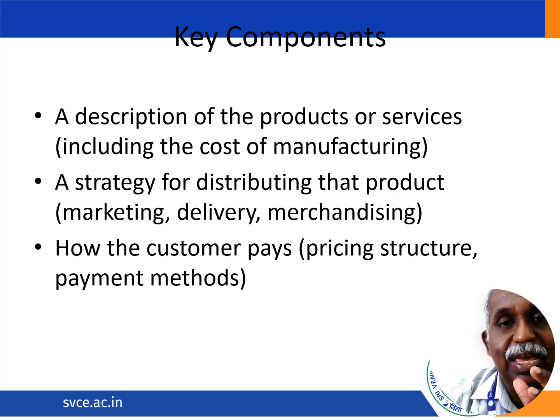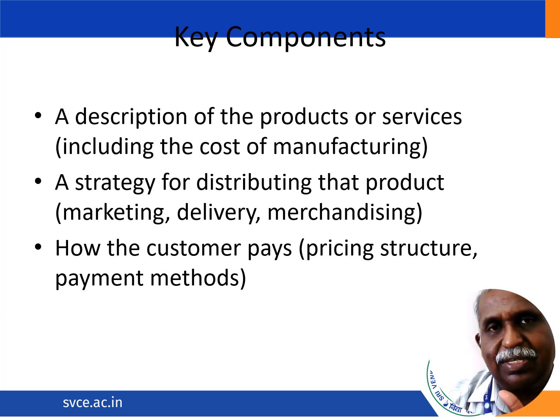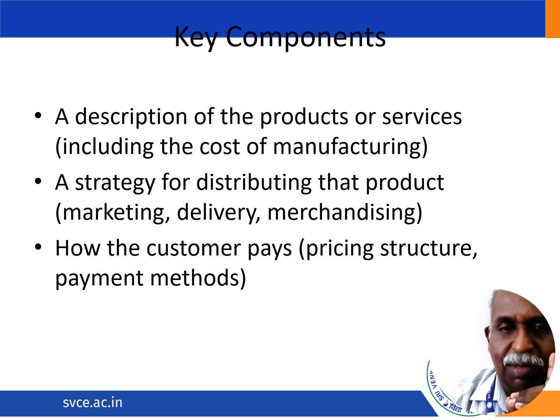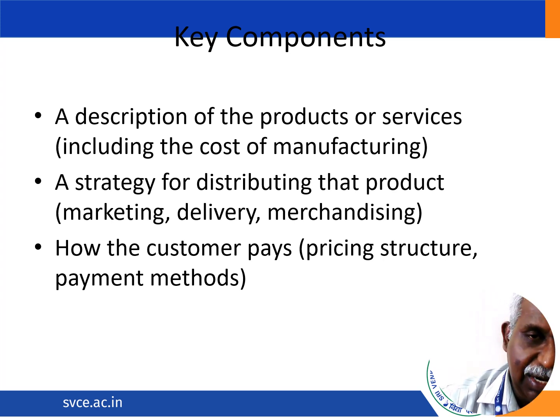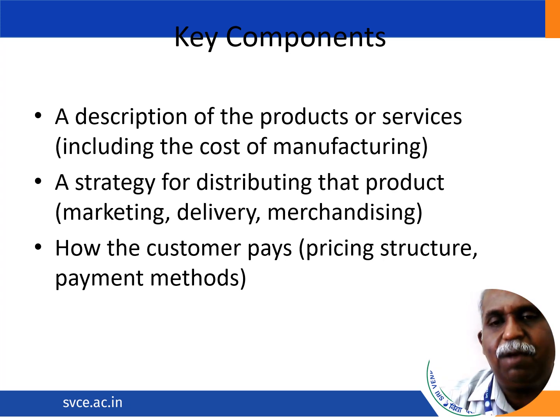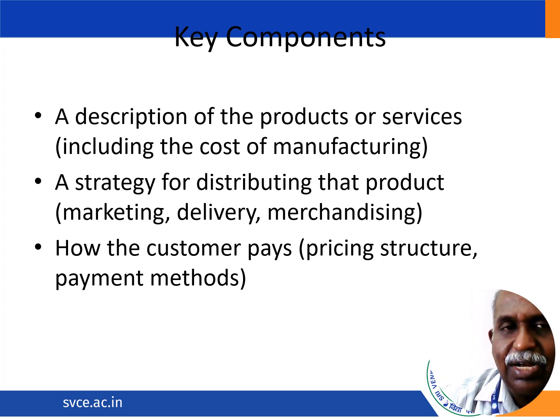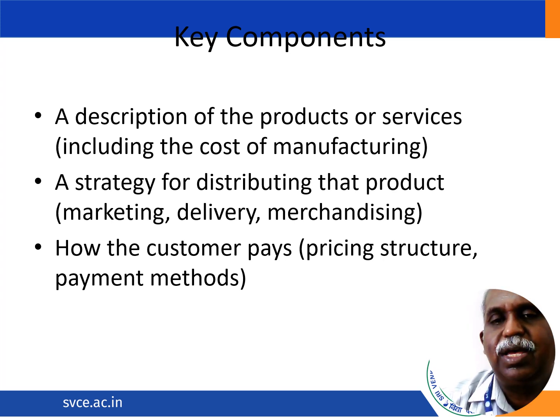Then what are the key components here? The description, whether it is a product or service. What is the cost of manufacturing? That is the major one. Then the strategy for distributing that product, how to reach the customer, and how the customer pays.